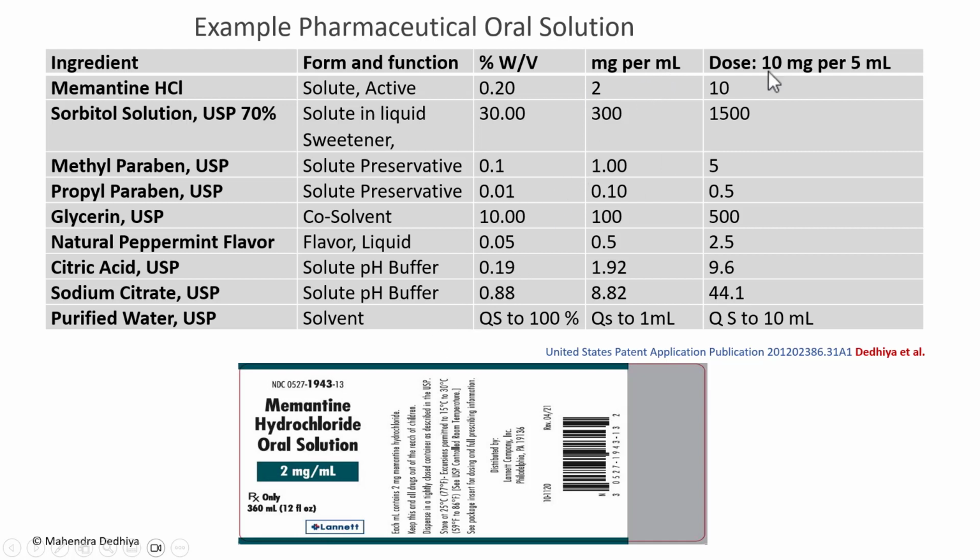Dose of memantine contains 10 mg per 5 ml. 5 ml of product will contain 1500 mg of sorbitol solution, 5 mg of methylparaben, 0.5 mg of propylparaben, glycerin 500 mg, and water is QS to 10 ml.